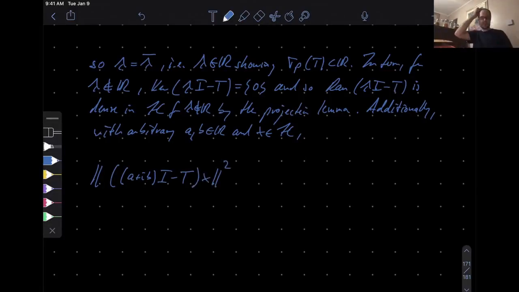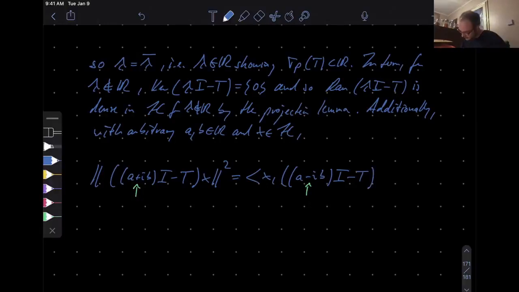Since you're in a Hilbert space, this norm squared is the inner product of the same quantity with itself. You use that fact, and then again you pull that trick with the adjoint. You move things to the other vector, but you have to remember that taking the adjoint is a conjugate linear operation. So when you have it in the second vector, this plus changes to a minus because you get a complex conjugate. The identity stays the same because it's self-adjoint, and T stays the same because T is self-adjoint.